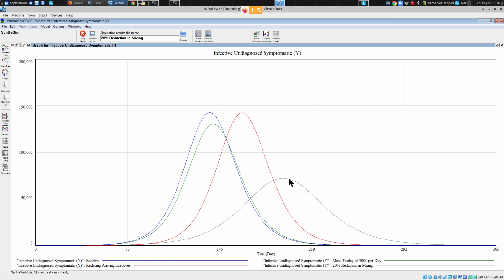Does it change the timing of that peak? Anyone? Yes. Most emphatically so, ladies and gentlemen. It's delayed it, deferred it by quite a bit. In fact, it bought us even more time than reducing the number of incoming infectives arriving, say, via international travel did.